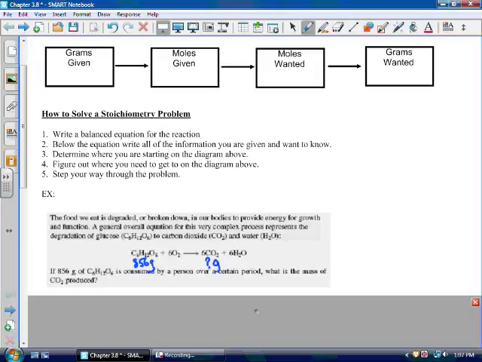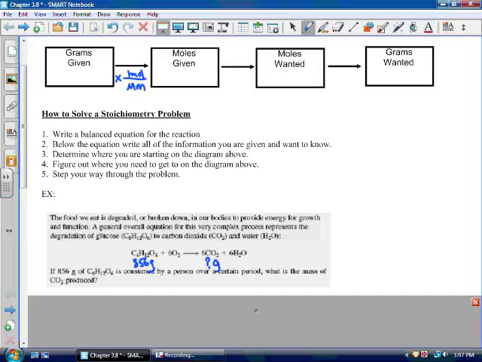Now, the third step: now that we know everything we have and what we want to find, we refer to our diagram above. Our diagram is a way to step you through how to get your answer from what you're given. If you are given a mass, you then need to convert that to moles. The way we do that is by multiplying by 1 mole over the molar mass of the substance, or molecular mass in this case.